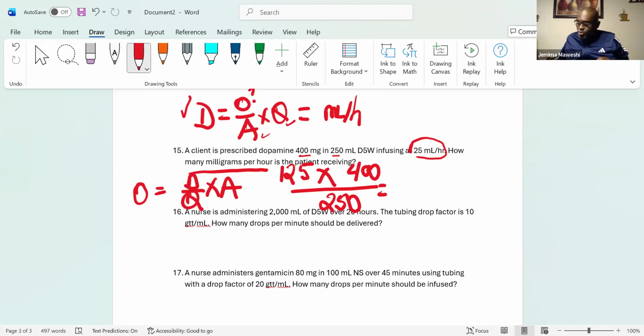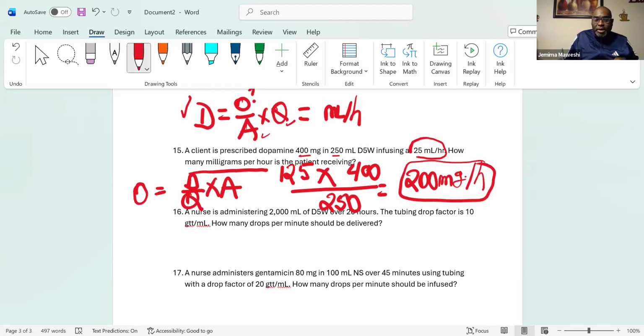So now you got 125 times 400, correct? Divided by 250. So now you got 200 milligram per hour. This is your order that you were looking for.